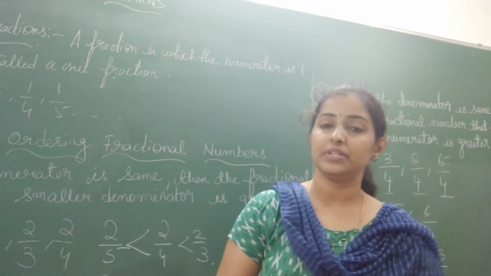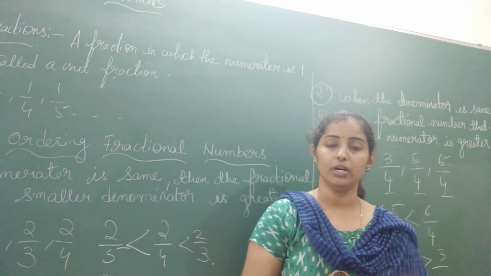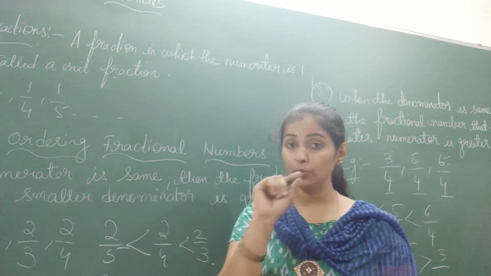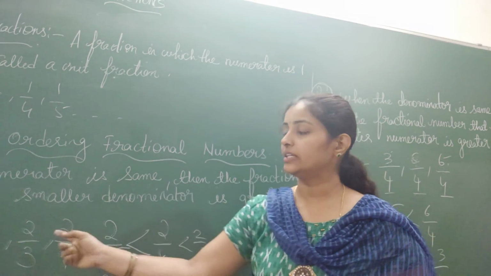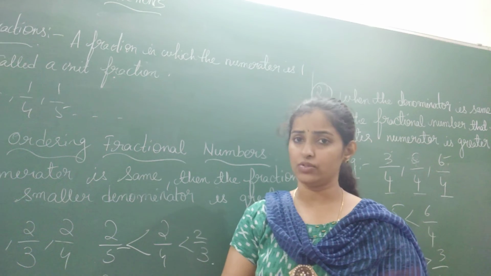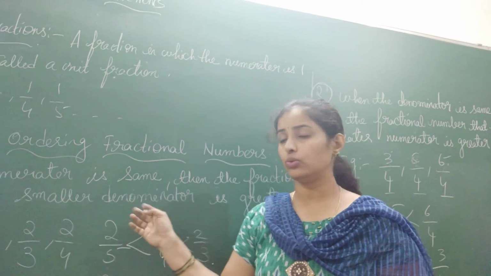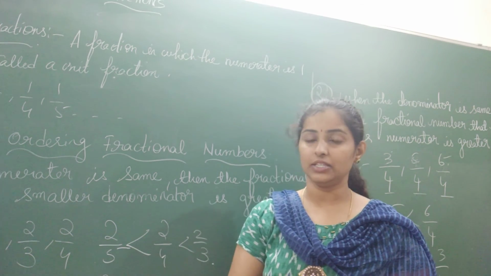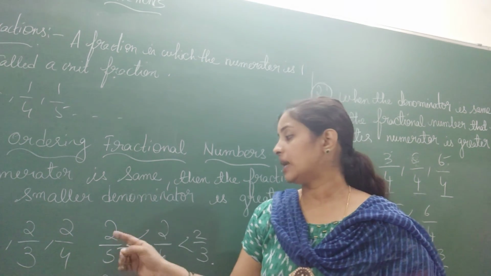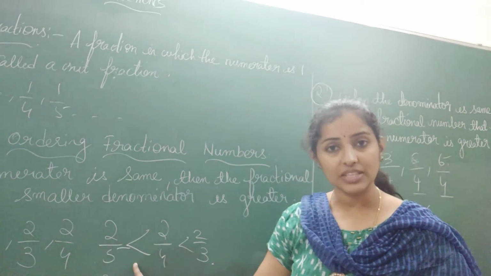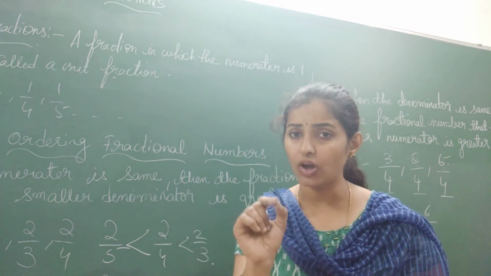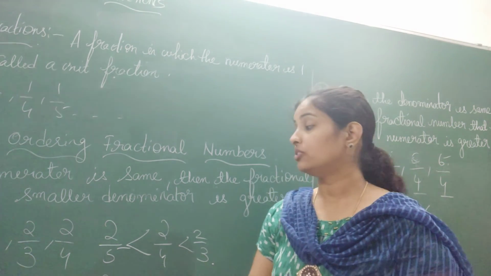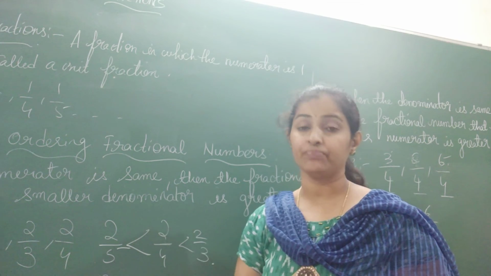Once again I am repeating: always remember, if you have fractions where all the numerators are the same value, maybe 1, 1 or 2, 2 or any number, we need to compare the denominators. The number with the smaller denominator is the greater one.